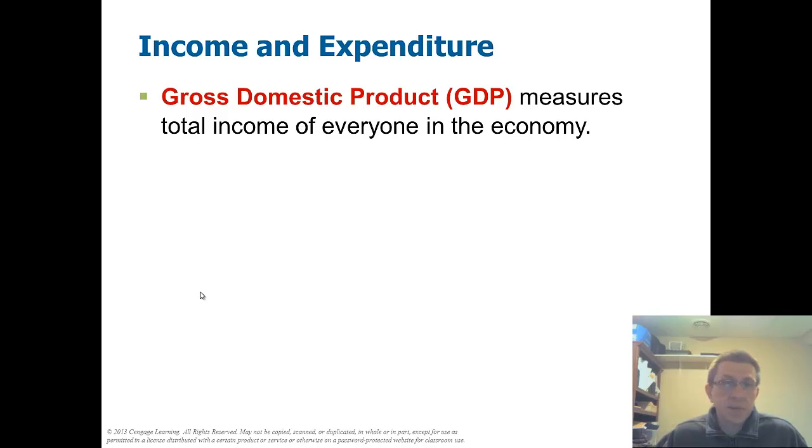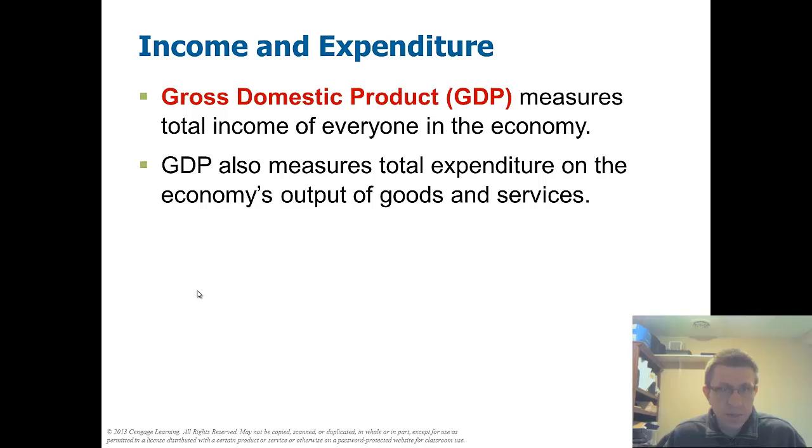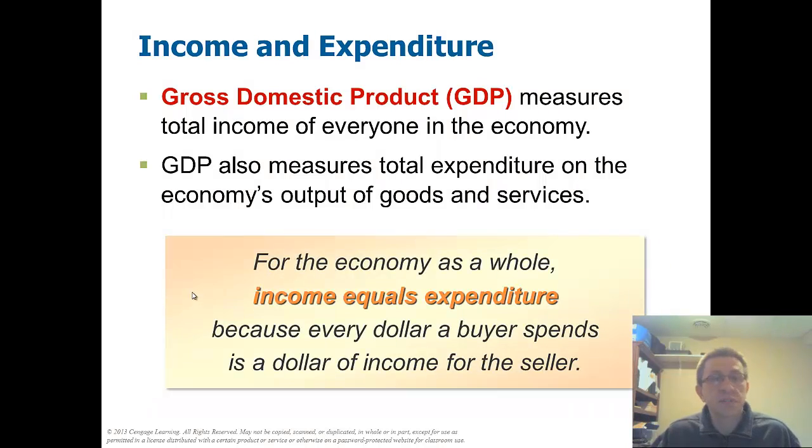So GDP measures the total income of everyone within the economy, and this is also going to be the same as the total expenditures on goods and services. So both goods and services are included.